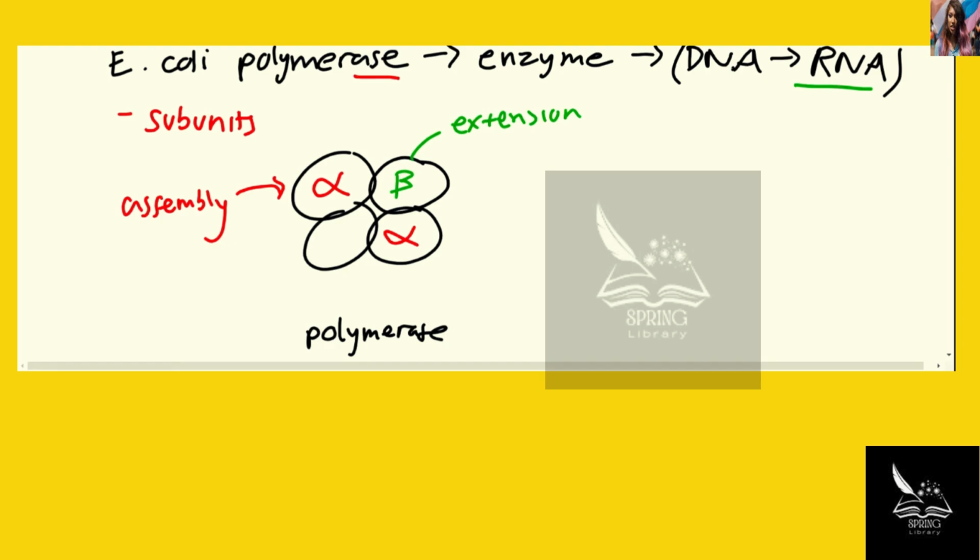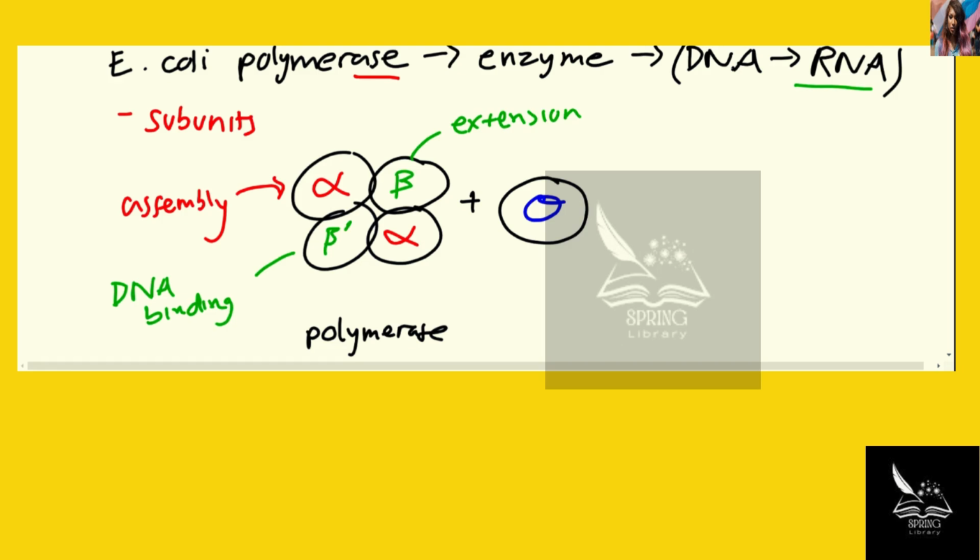Additionally, as one of the answer choices, we have a beta subunit prime. Now, this beta subunit allows for DNA binding, so connecting this polymerase to the actual DNA template. And finally, one of the final factors is that this subunit will come together with what's called a sigma factor.